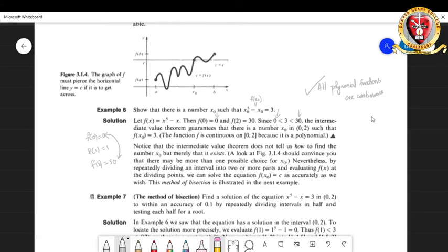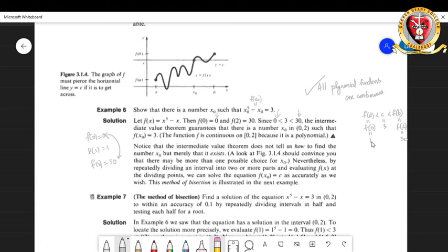So you have this one, f of a strictly less than c strictly less than f of b. This is what we got now. F of a is nothing but f of 0, which is... sorry, f of 0 is 0. F of b is nothing but f of 2, which is 30. And c is 3.